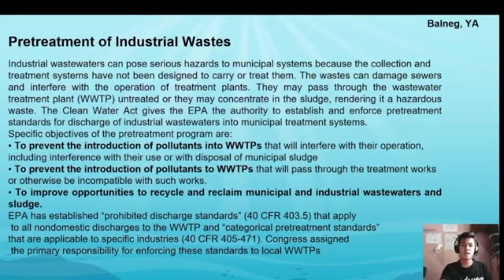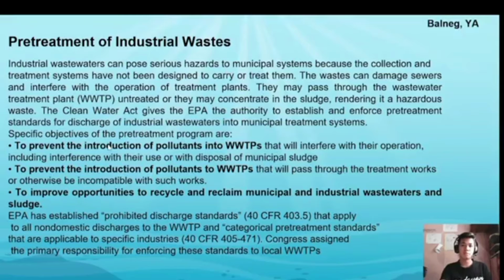So some hazardous materials and chemicals will be included in the wastewater. It really needs pre-treatment before it undergoes primary treatment, because if not pre-treated, it will damage the wastewater treatment plant because of the hazardous materials present in the industrial waste.